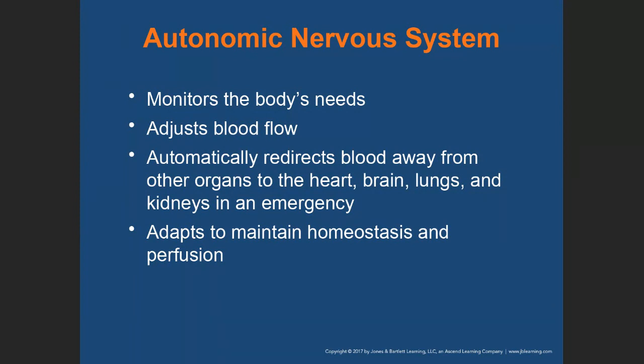The lungs, 15 to 20 minutes without proper oxygenation. The kidneys can go up to 45 minutes, and the musculoskeletal system can go up to 2 hours. The body will always adapt to maintain a state of balance and adequate perfusion, homeostasis.